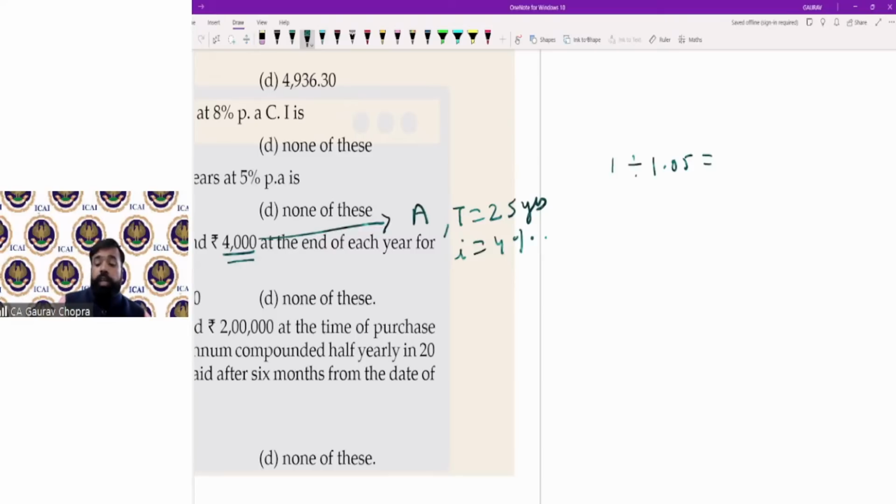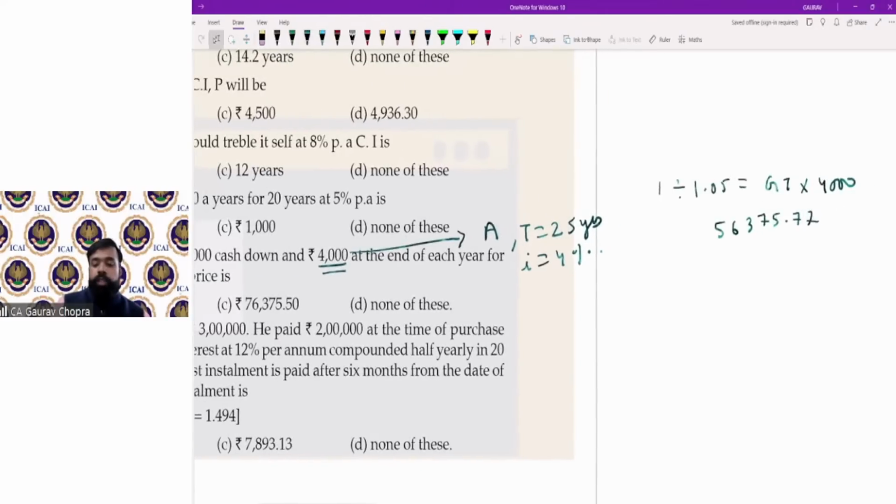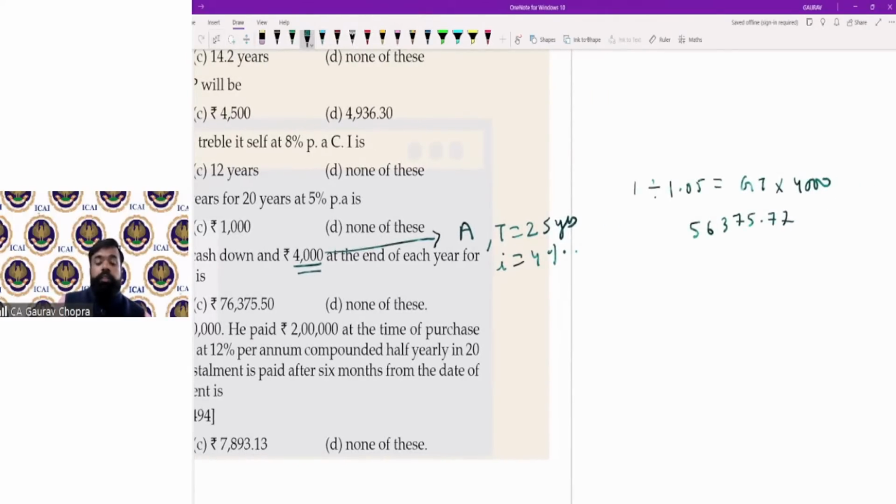Okay, done. And then press GT, multiply by 4,000. So how much are you getting? 56,375. Okay, this is the present value.